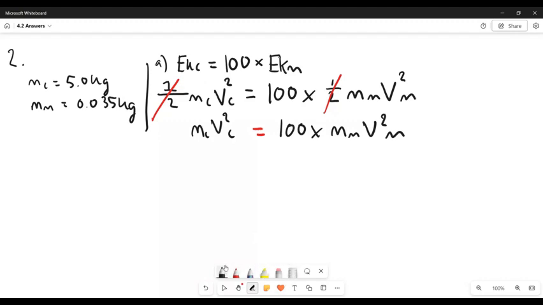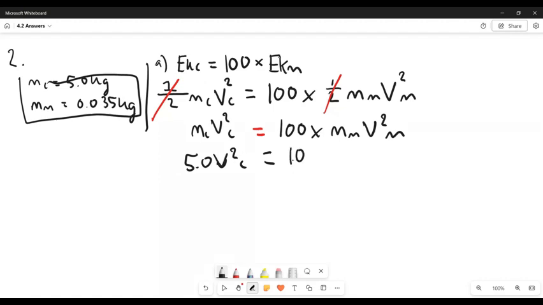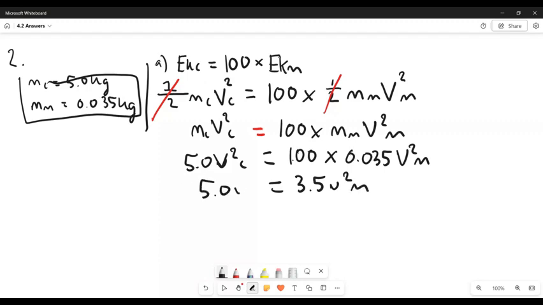So what we're going to do now is sub in the values, the masses that we have over here. And so we have 5.0 times the velocity squared of the cat is equal to 100 times 0.035. And then we're going to further simplify that, so that becomes 3.5. So it's going to look a little something like this.